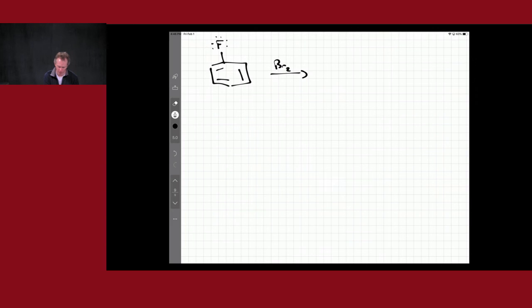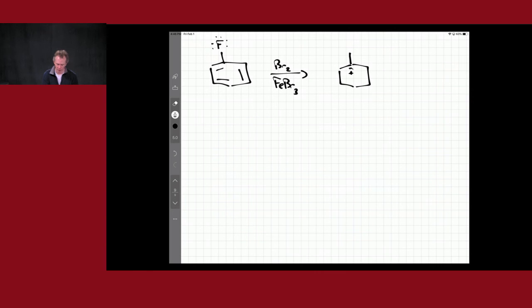So again, let's do halogenation. Okay, if we went to ortho or para, so by now I hope we're kind of up with the idea that both of those are going to have similar placements of the cations in the ring with respect to the fluorine substituent.